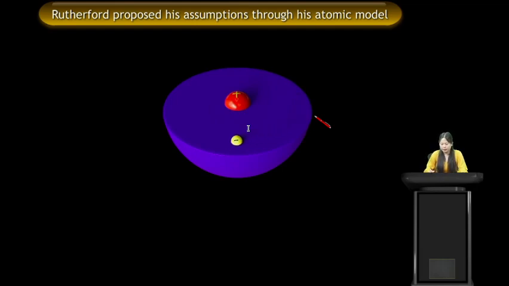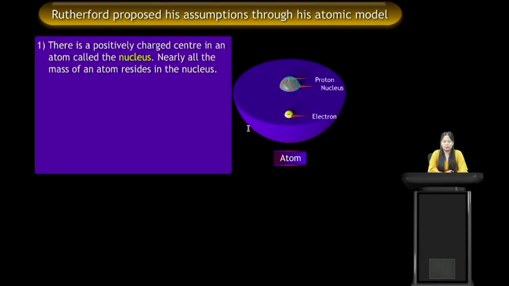So this is what the structure of an atom looks like according to Rutherford. We have the electrons, and we have the protons which make up the nucleus. There is a positively charged center in an atom called the nucleus. Nearly all the mass of an atom resides in the nucleus. Then the electrons revolve around the nucleus in well-defined orbits.